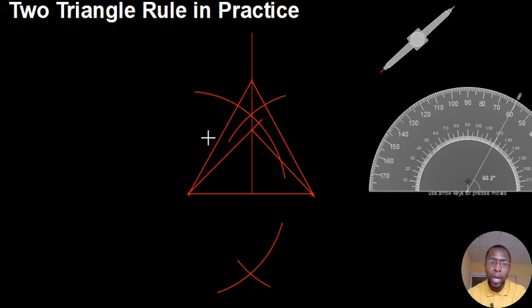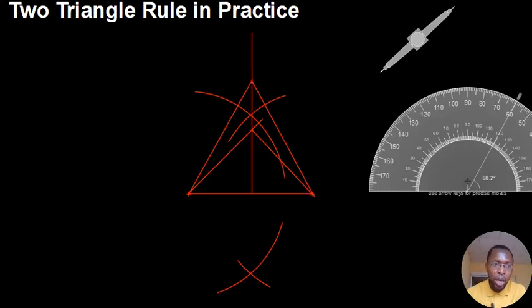So let's talk about the hexagon that we'll be using as an example. This equilateral triangle point here, where the two lines meet, that's what will be the radius of my circle. The radius of my circle will be the distance between this point and this point here.